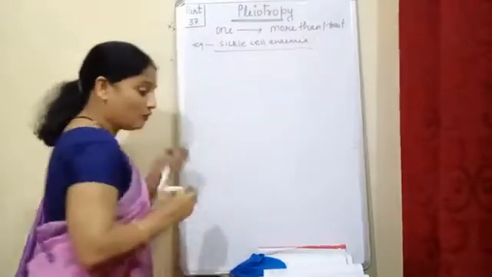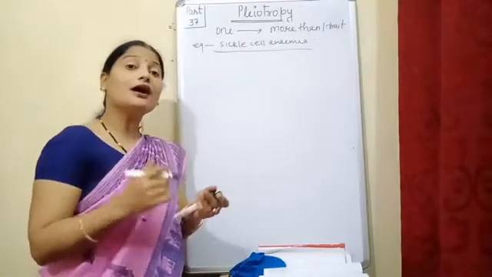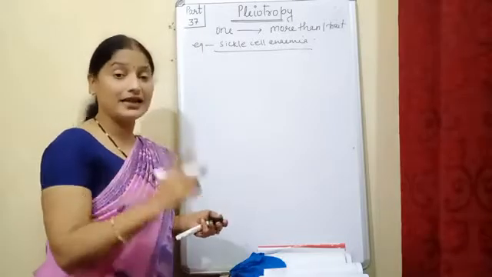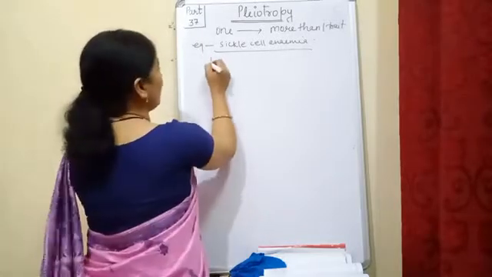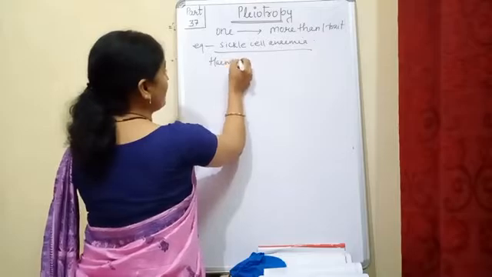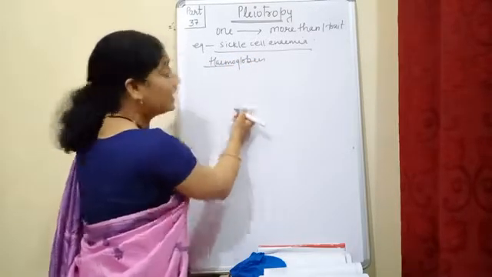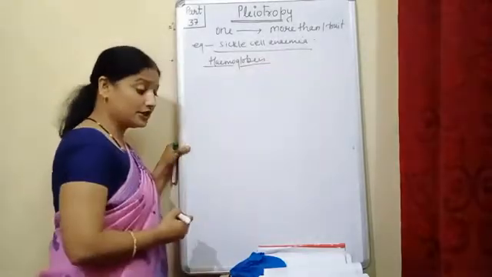See children, what happens in sickle cell anemia? Our blood contains hemoglobin. We all know that. We have hemoglobin, where heme is the iron and globin is the protein part.